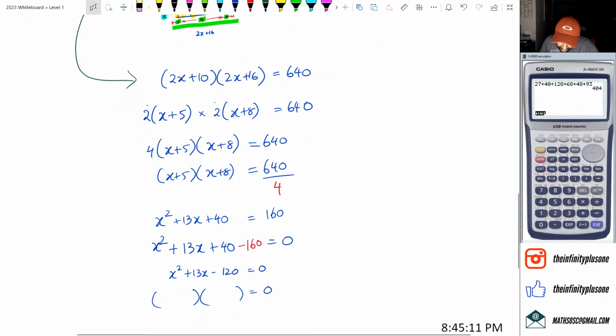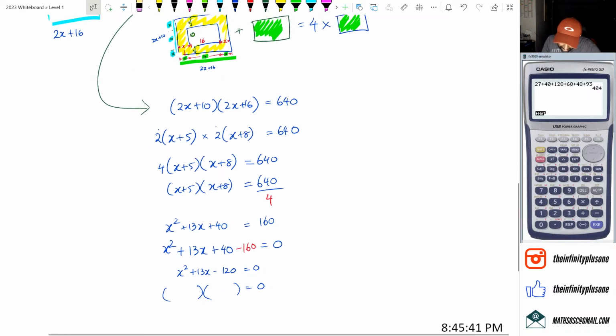I feel like I've made a mistake somewhere here. 120. No, that's got to be 2, because when you take it out, it's 4.